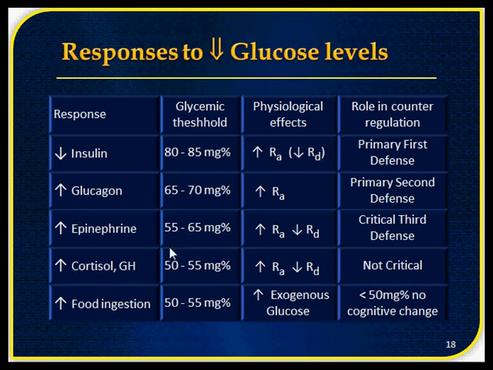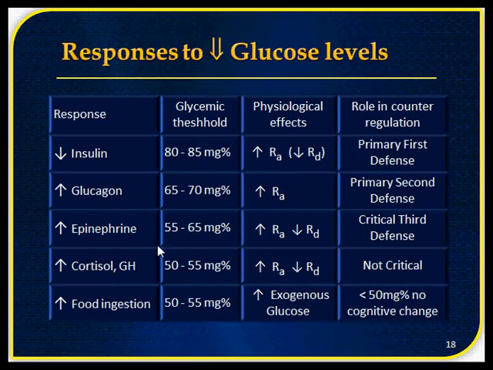Next, an increase in epinephrine, if the blood sugar is around 55 to 65 milligrams per cent. Epinephrine increases the rate of appearance and decreases the clearance, so the blood sugar is maintained. This is a very critical third defense. If the glucagon is deficient or if the patient does not have glycogen in the liver, then epinephrine becomes critical in maintaining the blood sugar.